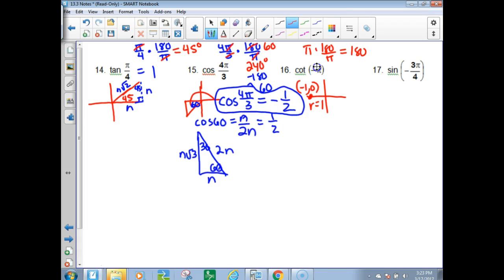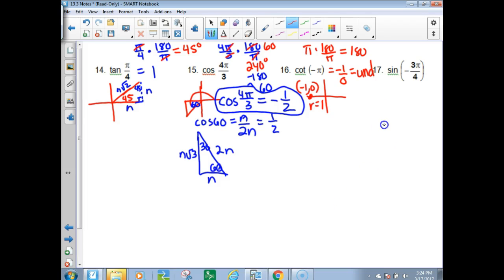Tangent is y over x, so it'd be 0 over negative 1. And cotangent would be negative 1 over 0. Oh, hang on. You're tempted to say 0, but are you allowed to divide by 0? It's undefined. So when you get that, you write undefined, UND.